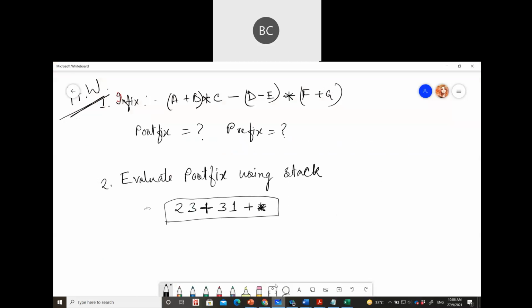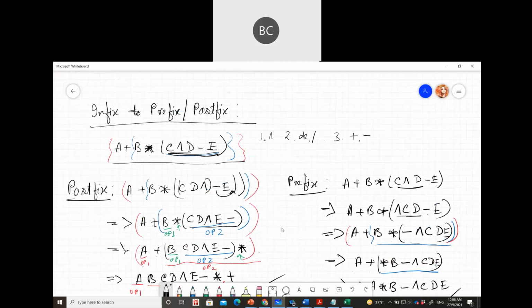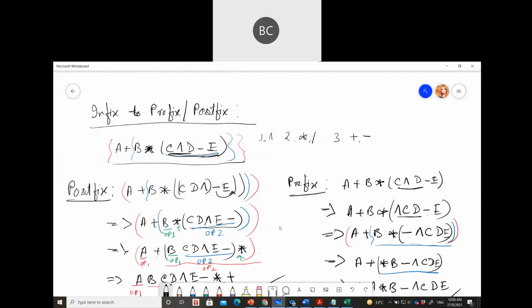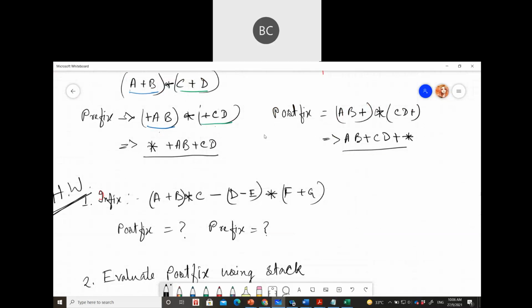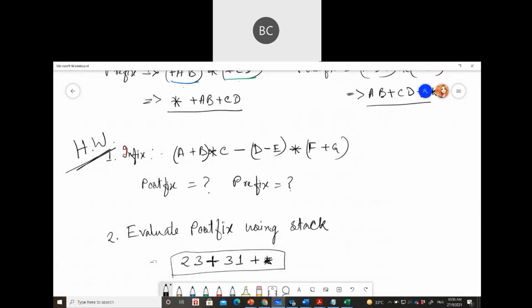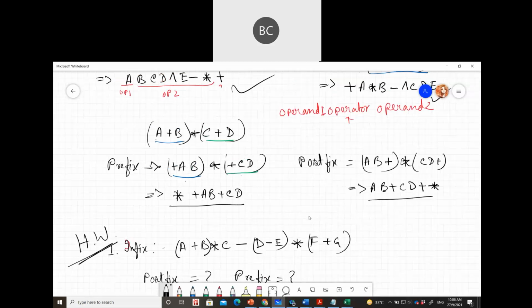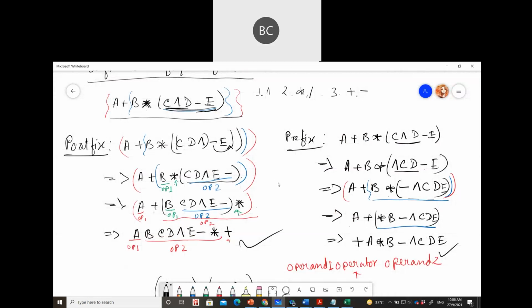Today we have seen theoretically how we convert infix to prefix and postfix. For that you have this homework. Then we have also checked how to evaluate postfix notation using a stack. In the next class, we will see how you can convert infix to prefix or postfix with the help of a stack.